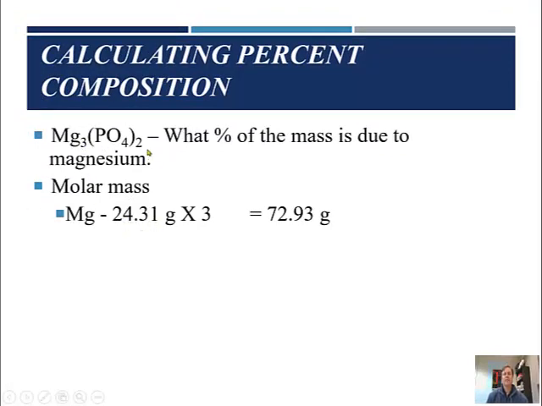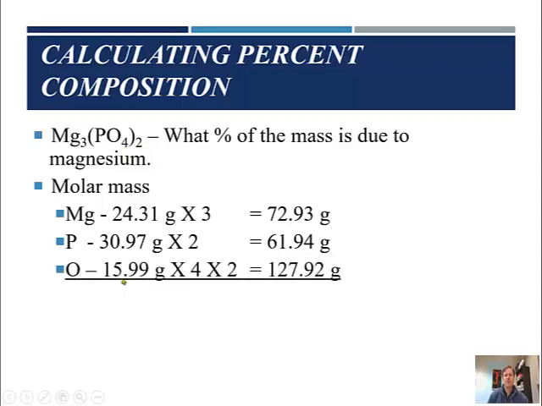Now phosphate, we have a 2 out here, so remember we multiply the exterior subscript by the interior, so 2 times 1, so we have 2 phosphates, okay, at 30.97, and then we have oxygen, we have 4 here, multiplied by 2, so we have a total of 8 oxygens at 15.99. I rounded that wrong, it should be 16.00, but close enough for us, okay? So here's the 4 on the inside, here's the 2 on the outside.